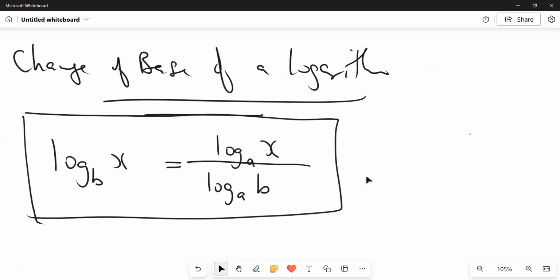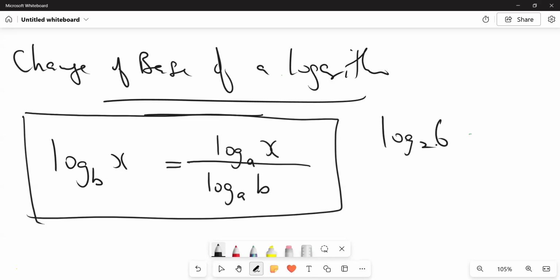So let's say you want to evaluate something like this. You want to evaluate the logarithm of, well, not 8. Let me use a number that is not easy, right? So let's say the logarithm of 6 with a base of 2.